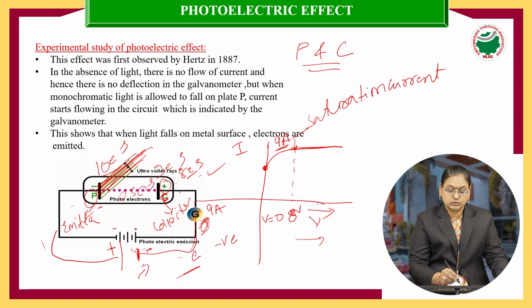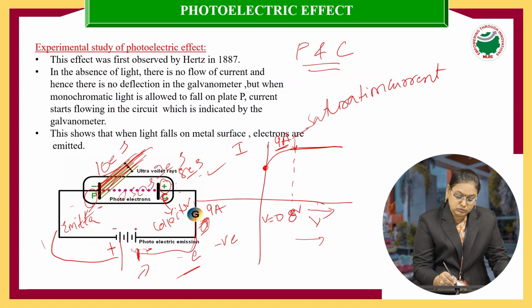When you apply negative voltage, what is happening? Now the negative charge is accumulated on plate C.